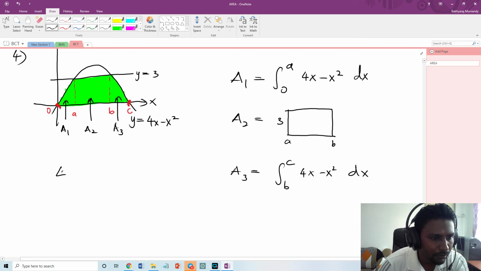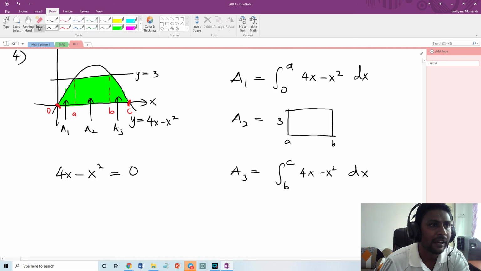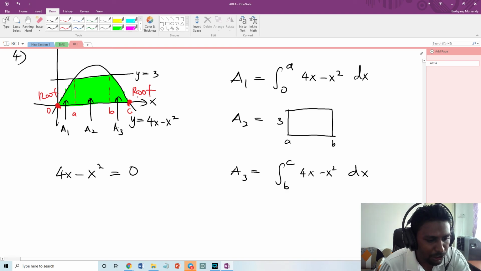4x minus x square equals 0. Correct. We set it to zero because I want to find the root. This is the root. Because it is a quadratic, it must have roots. So if we want to find the roots, put 0 here.